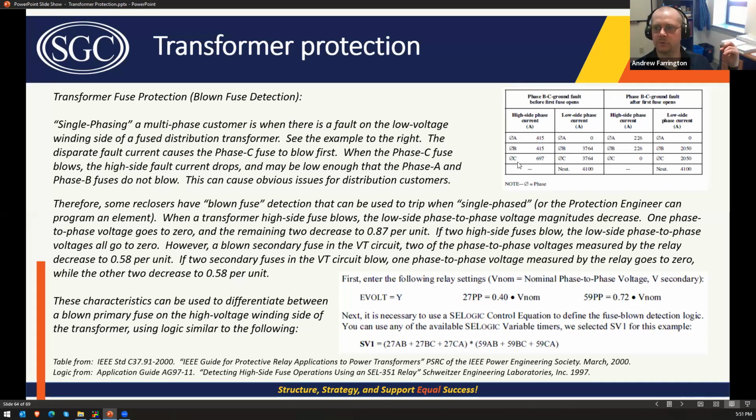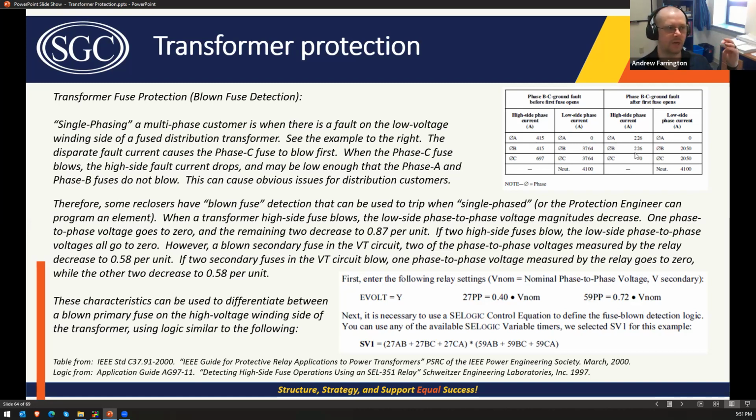Once the C phase on the high side opens up, obviously it's not going to see any current, but because one of the phases involved in the fault is no longer a source, the A and B phase currents drop. They're cut in roughly half. And so now you may not have enough fault current to actually blow these fuses.